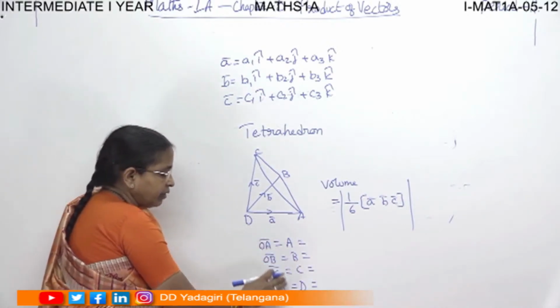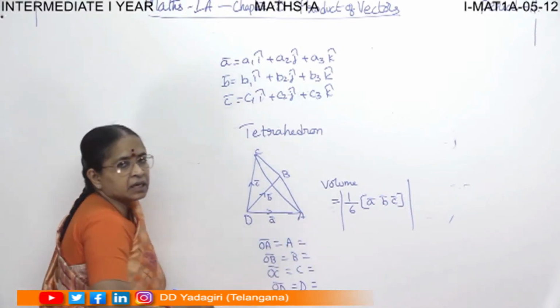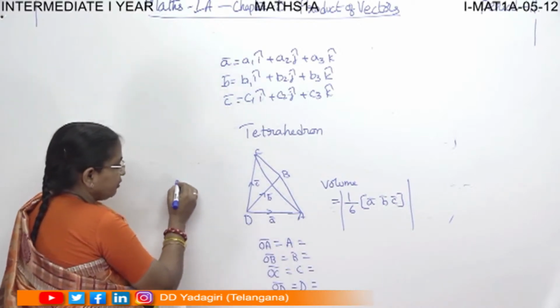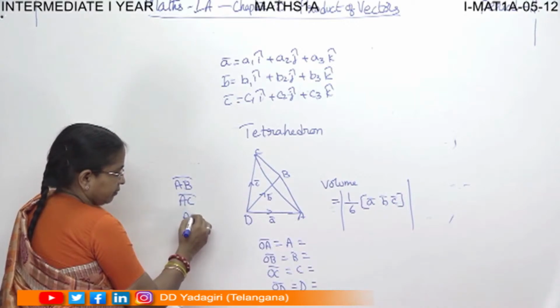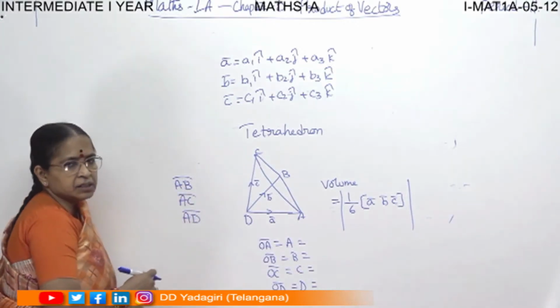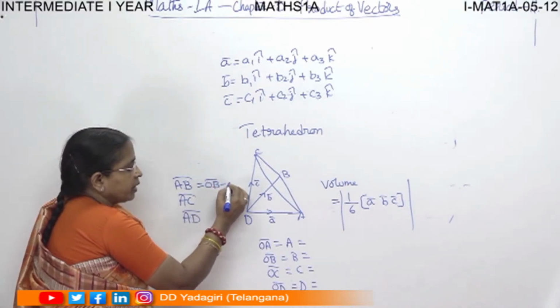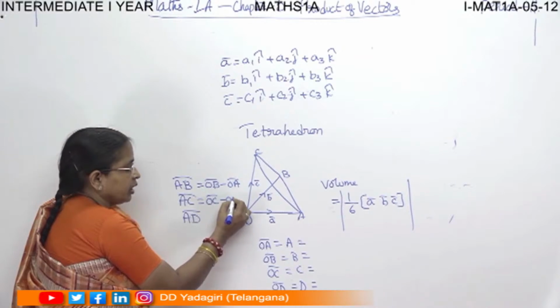Then you convert them into vectors. Always when 4 points are given, you convert them into 3 vectors. So what are the 3 vectors? AB vector, AC vector, AD vector. See that the initial point is the same. AB is OB minus OA. Next AC is OC minus OA.